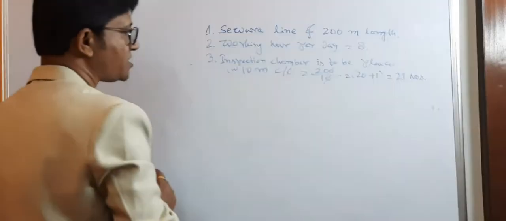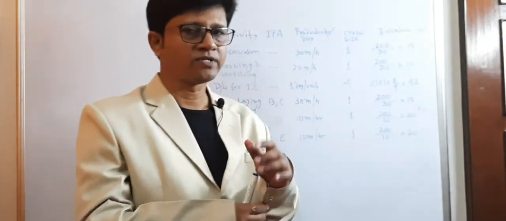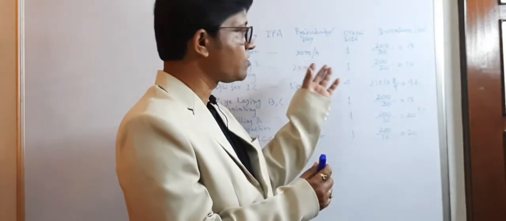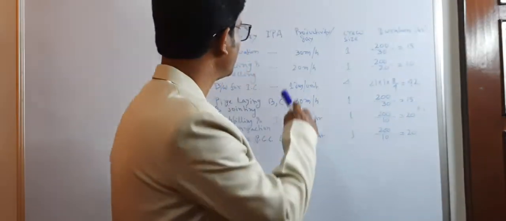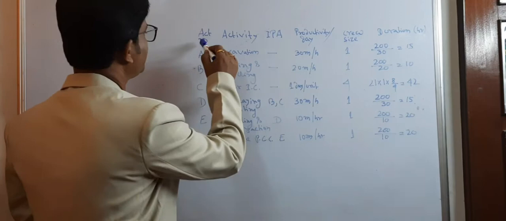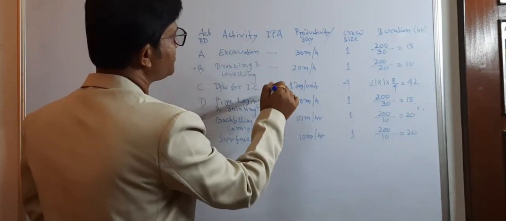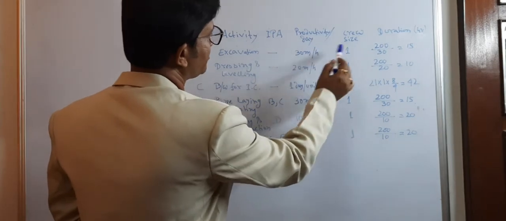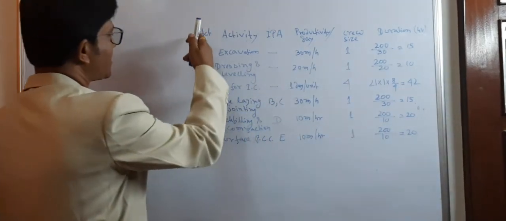So now how is the chart to be prepared? We have just listed out the sewer activities that I have written earlier. This is the activity ID, this is the activity, this is the inter-precedence activity IPA, this is productivity per day, this is queue size, and this is duration in hours. So what are the activities?